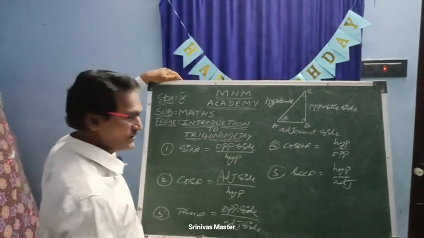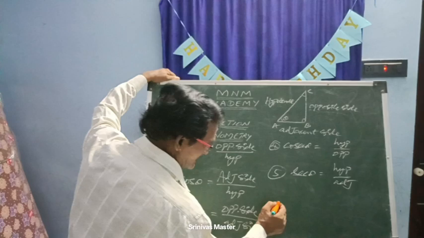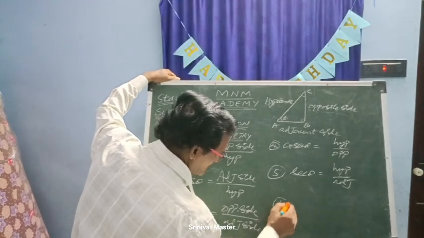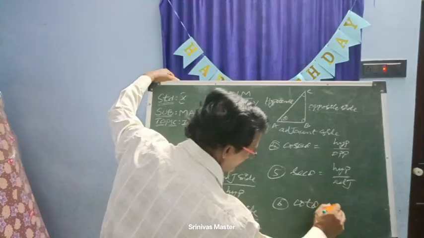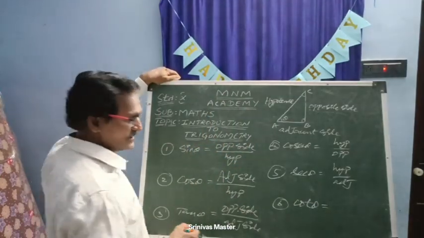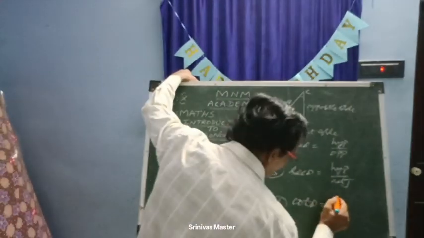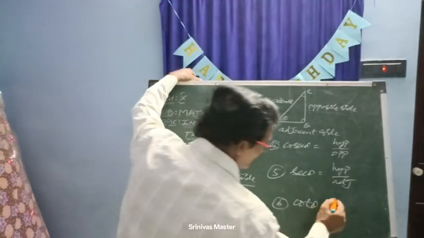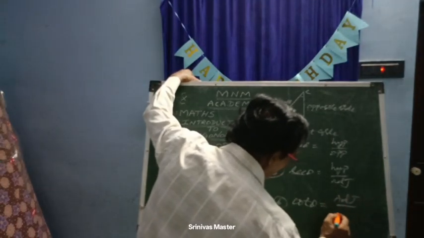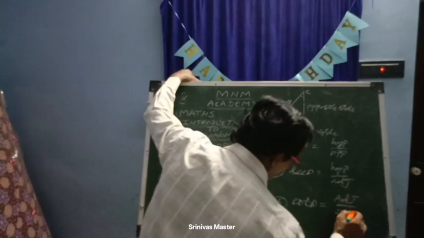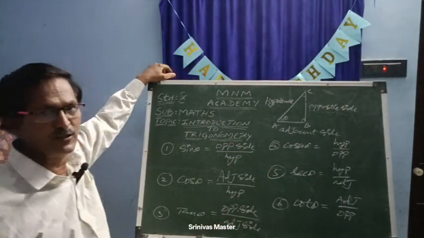And tan reciprocal is cot, cotangent, the short form is cot theta. Cot theta is the reciprocal, that means adjacent side by opposite side.